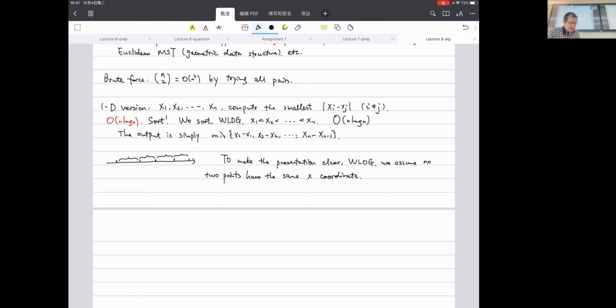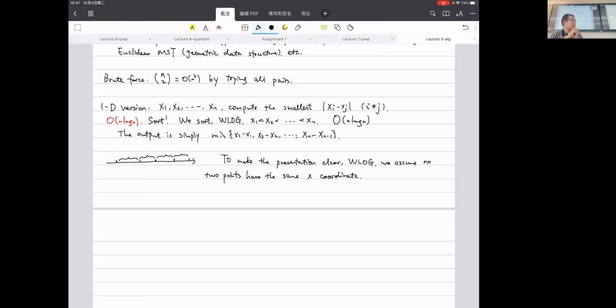This is an assumption without loss of generality. Having this assumption, you can think about how we want to use the divide and conquer strategy. We are going to somehow divide the problem into 2 parts, recursively call the 2 parts, and have a clever strategy to merge.